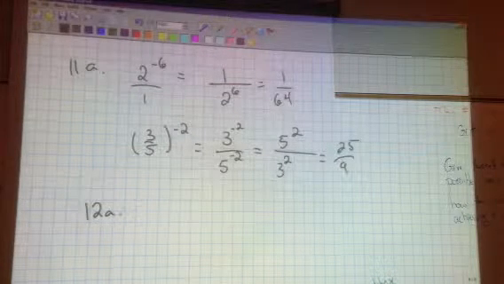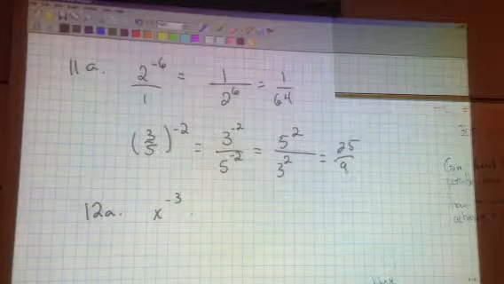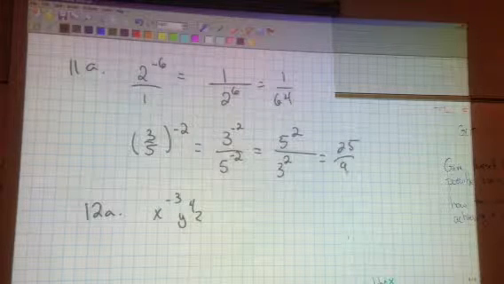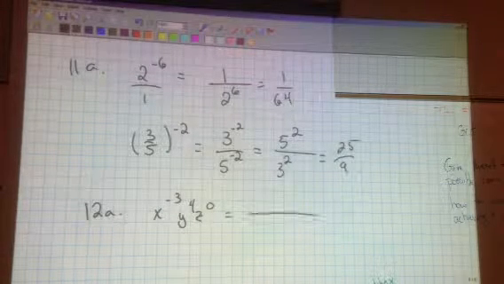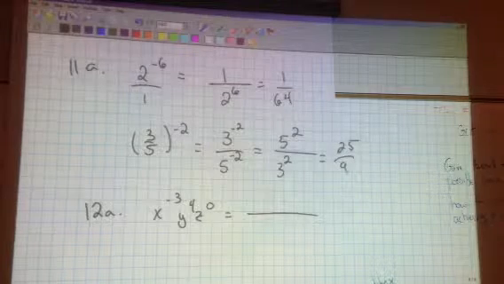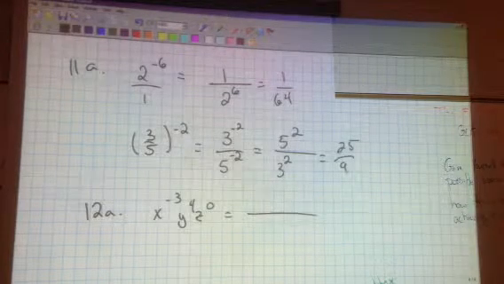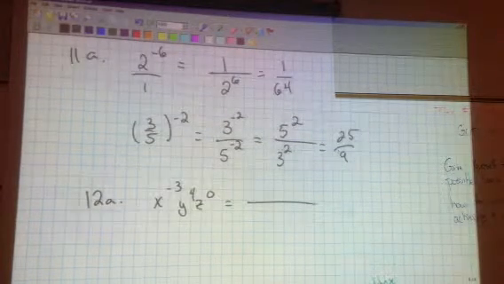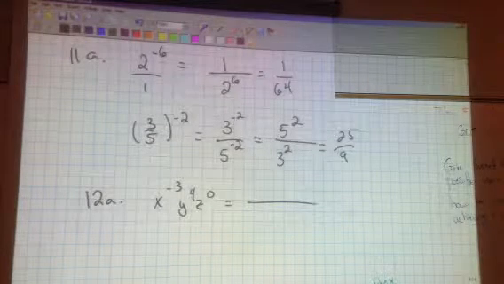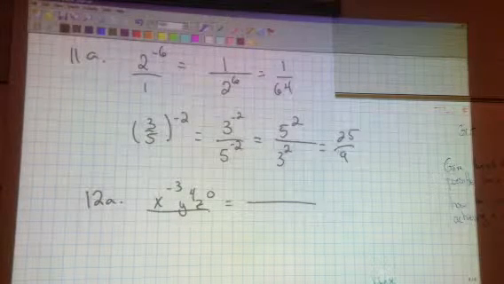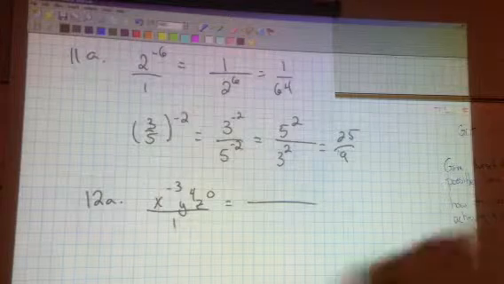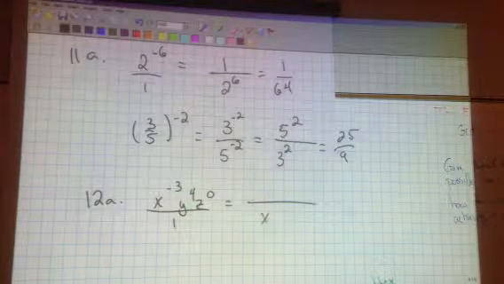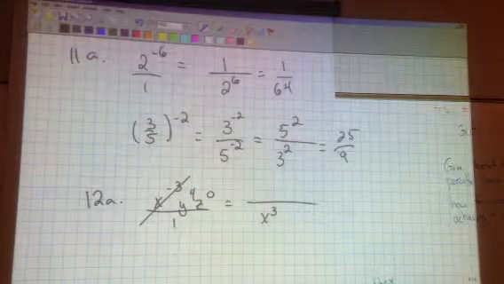12a. So I have x to the negative 3rd, y to the 4th, z to the 0. So I'm going to simplify this. I'm going to make just my fraction line right now because I think it's easier to do that ahead of time. X to the negative 3rd, this is all in the numerator, so I'm going to do x to the positive 3rd here in the denominator. All right, so now we did that one.